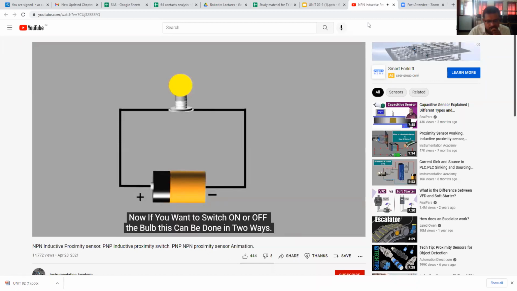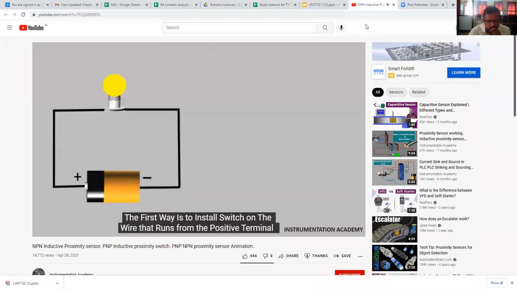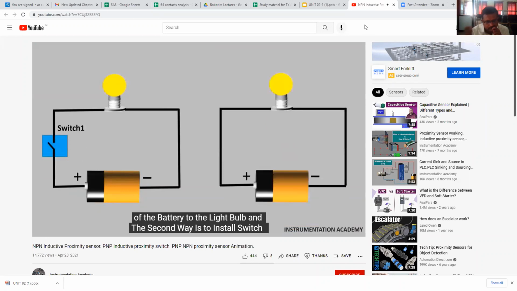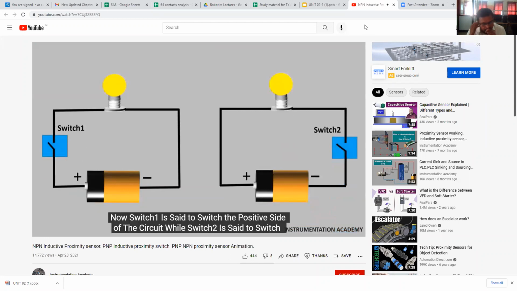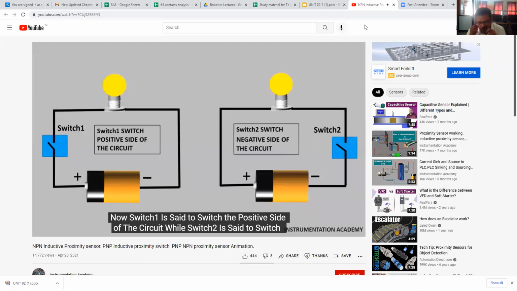Now if you want to switch on or off the bulb, this can be done in two ways. The first way is to install switch on the wire that runs from the positive terminal of the battery to the light bulb. And the second way is to install switch on the wire that runs from the negative terminal of the battery to the light bulb. Now switch 1 is set to switch the positive side of the circuit, while switch 2 is set to switch the negative side of the circuit.